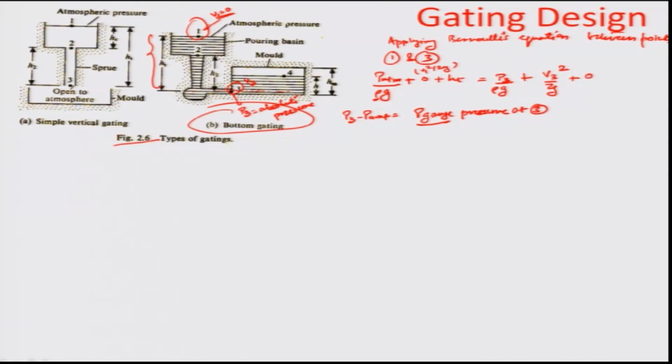Really having a head loss between point 1 and point 3, with 3 as the zero line or datum line. In this particular case we write this as rho m, just to avoid confusion. Rho m is the density of the liquid metal.